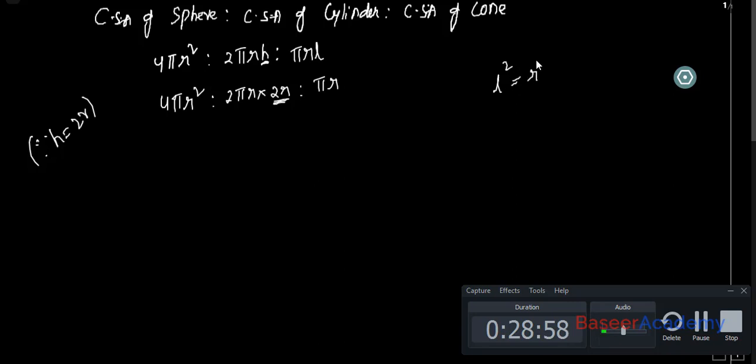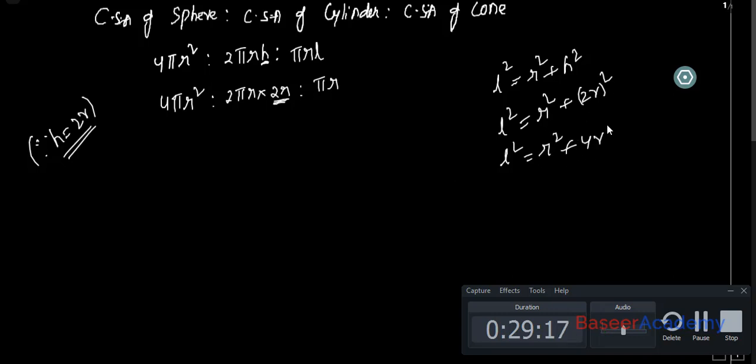L square, we all know that l square is r square plus h square, right? Now we know that h is 2r. So in place of h, I am writing 2r. L square would be r square plus 2 square, which is 4r square. So l square will be 4r square plus r square, which is 5r square.